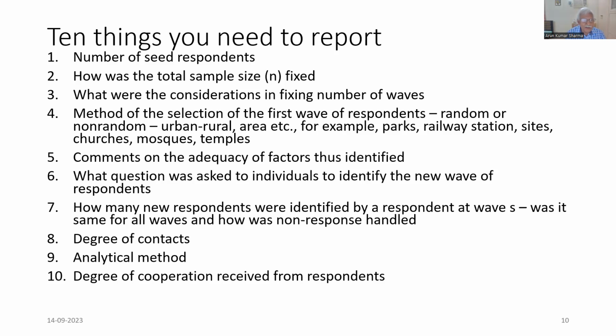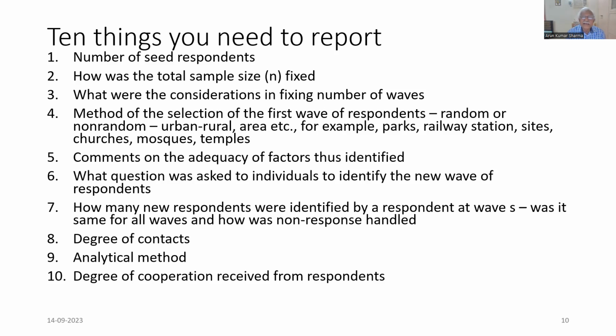One, number of seed respondents. You started with 2 respondents or 3 or 4 or 5 or 10. This is one, because this is going to affect your results in some way. Second, how was the total size fixed? If you have collected data from 500 respondents, how was this 500 fixed?